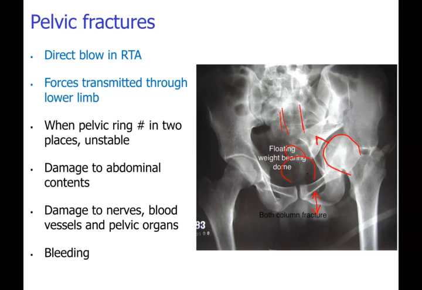Second issue is heavy bleeding, because the pelvic cavity can accommodate several liters of blood without the notice of the doctors, because you don't see it outside. You will notice it by the pallor, the paleness of the patient, drop in the blood pressure, and those things will only show you that there is blood loss unless you do an ultrasound scan and detect it.